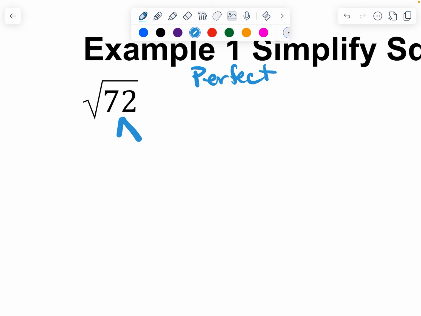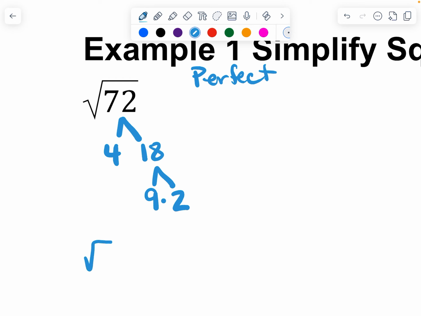So in my brain, I say, does 4 go into that number? 72 divided by 4 would get me 18. So 4 times 18. Then I look at 18 and ask, what perfect square goes into that? 9 does, times 2.